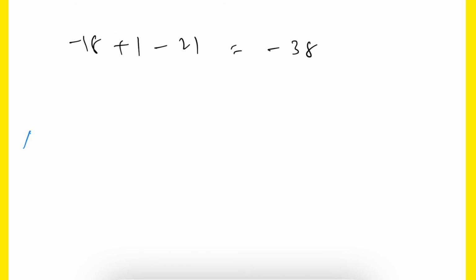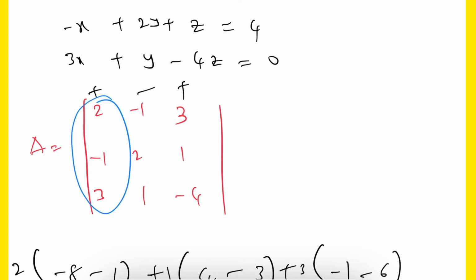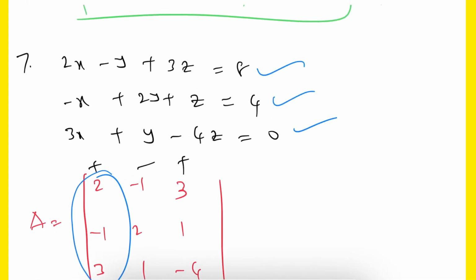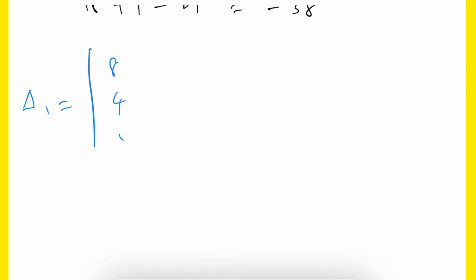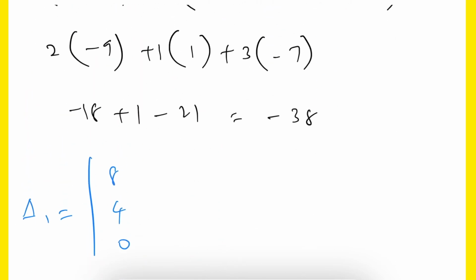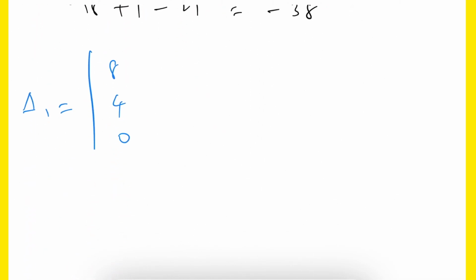Next, delta 1. Delta 1 is nothing but the first column we need to replace, right? So here the first column is 2 minus 1 3, that should be replaced with 8 4 0. Then the first column will be 8 4 0, and the second and third columns as it is, that is minus 1 2 1, 3 1 minus 4.